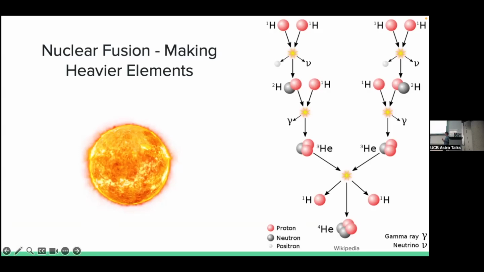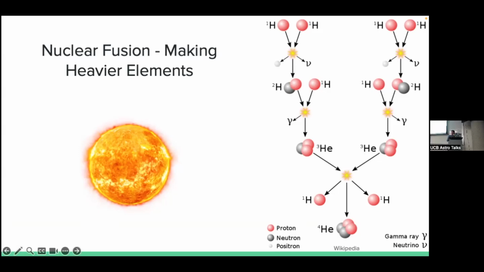That energy takes a very long time as it bounces around, hitting a whole bunch of those atoms, electrons, all that stuff, and eventually makes its way out, and it comes out as the sunlight that we see. In this process of nuclear fusion, we're converting a bunch of our hydrogen into helium. So this is a great first start.